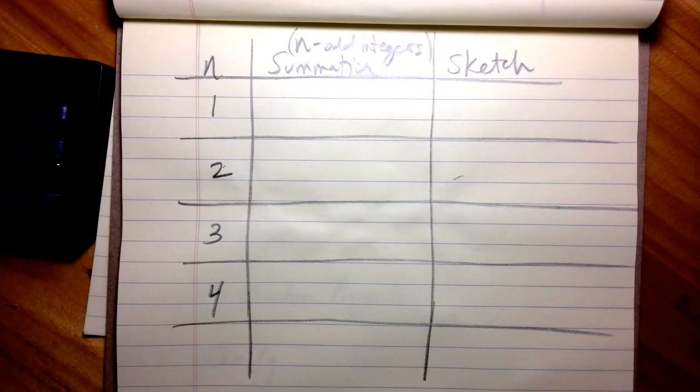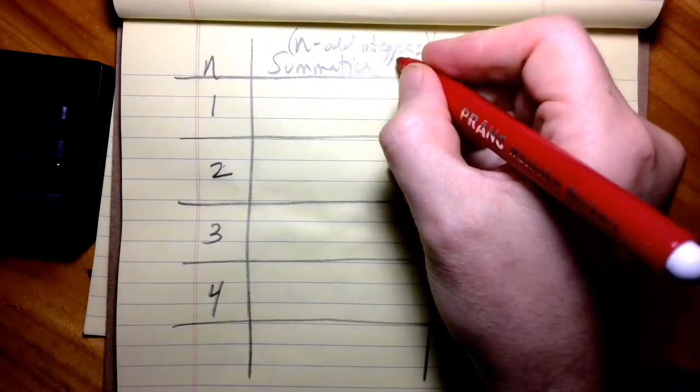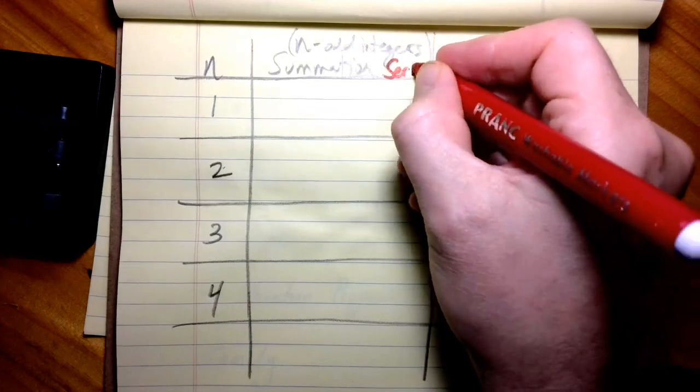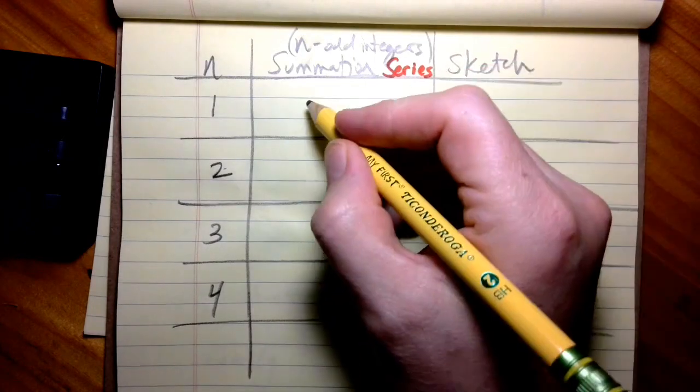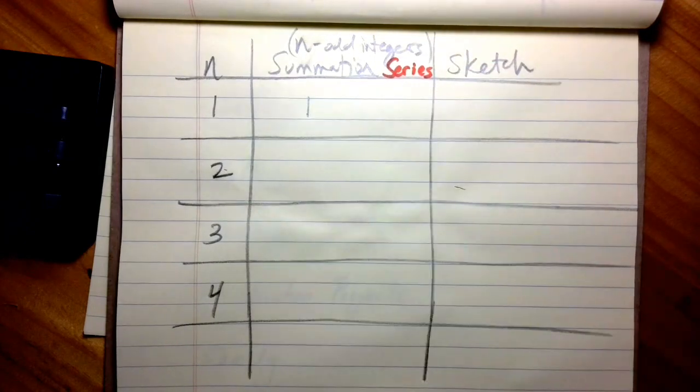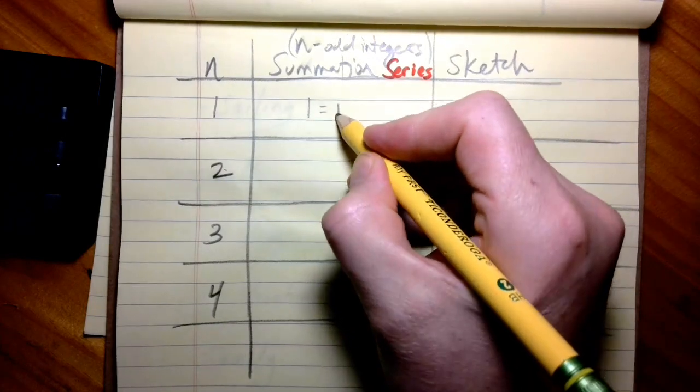Another word for summation is series. So anyway, the first number, as you saw below, is just 1. And there's nothing to really add, so it adds up to 1.